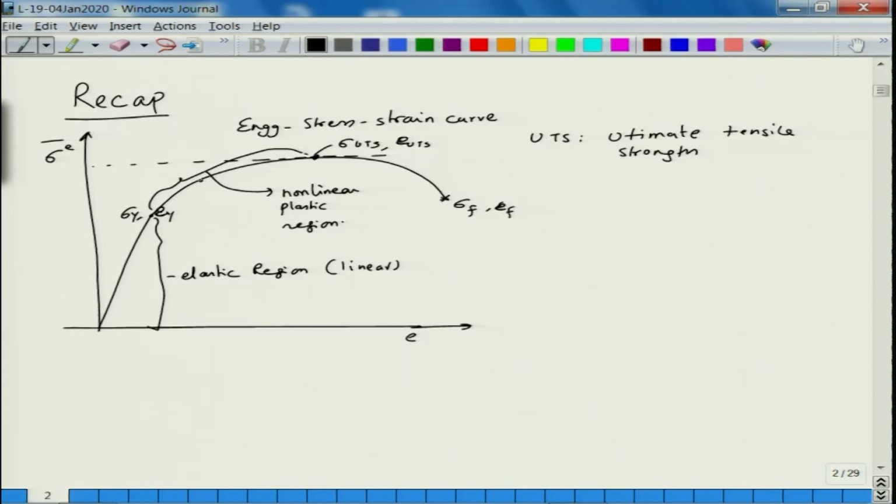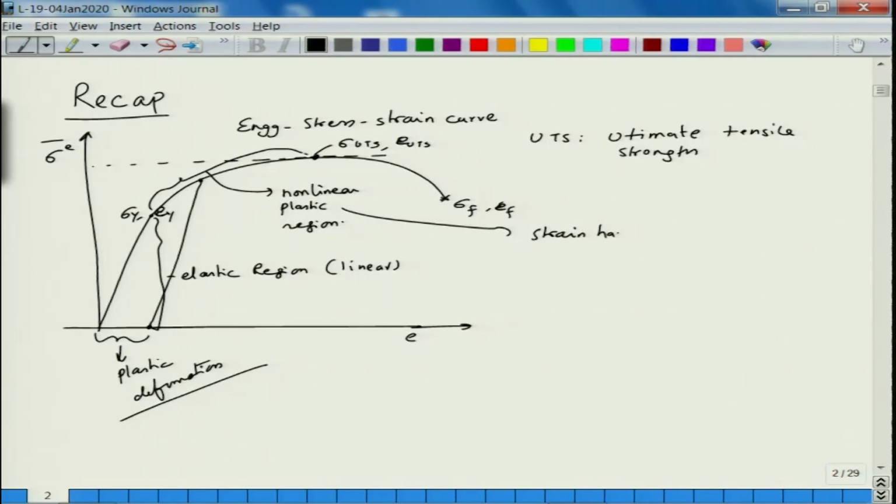So, if you drop the load at this point, you will get back at this point. So, this will be your plastic deformation. The strain that is caused by plastic deformation is permanent in nature, it cannot be recovered, and this region is essentially nonlinear region where strain hardening occurs. So, this is the region in which you have strain hardening.